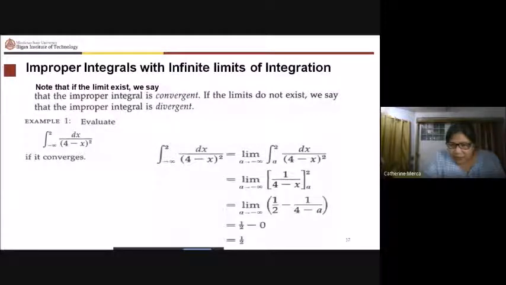This can be rewritten as (4 minus x) to the negative 2. Correct? Then you should have negative dx as your derivative. But we don't have the negative, so you have to consider the negative value.